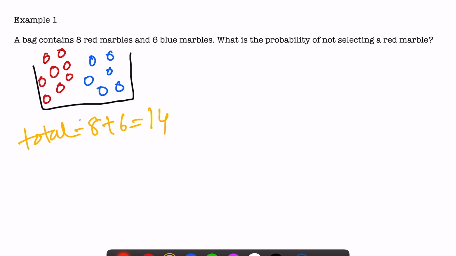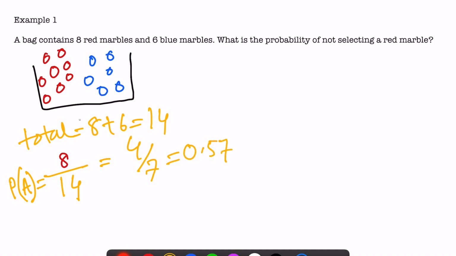We have 8 red marbles out of total 14 marbles, right? So the probability of this event A will be 8 out of 14, that is 4 out of 7, which is 0.57. So that is the probability of selecting a red marble.